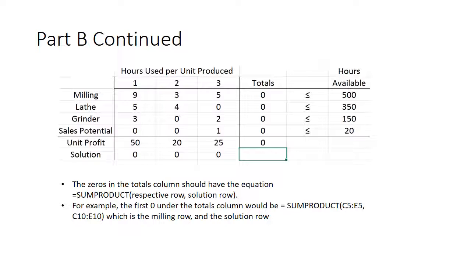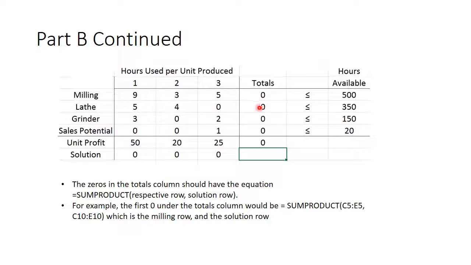So for example, if we were to say that this column is C, this column is D, and this column is E, and let's say these rows were 5, 6, 7, 8, 9, and 10. This first is 0. The equation here would say equals some product C5 through E5, comma, C10 through E10.